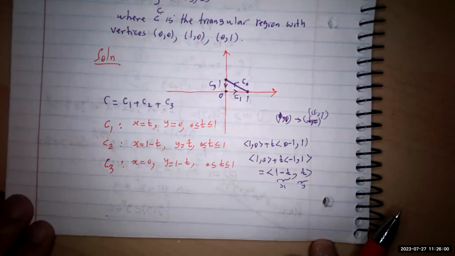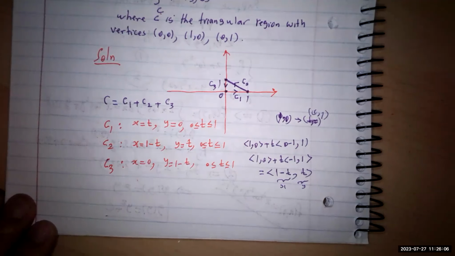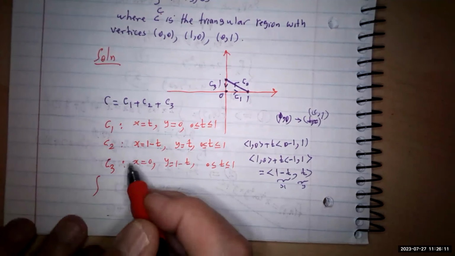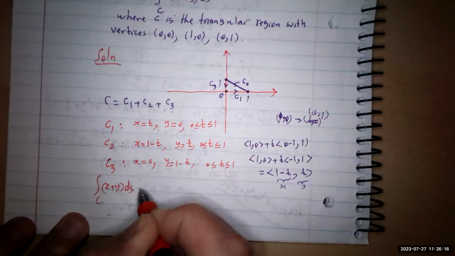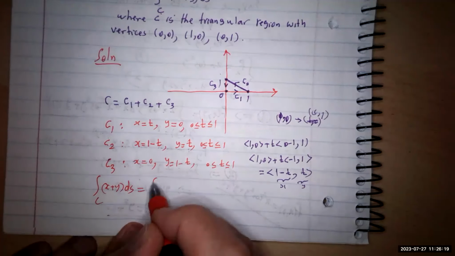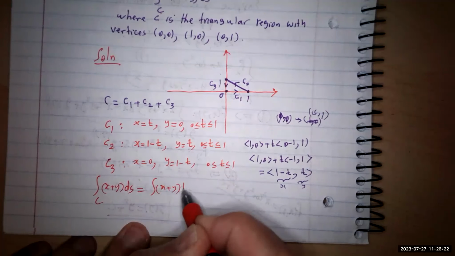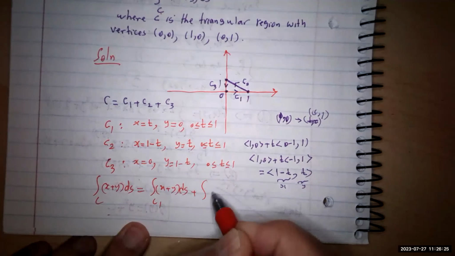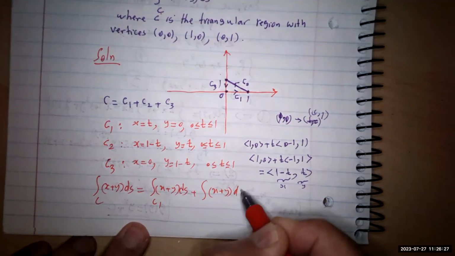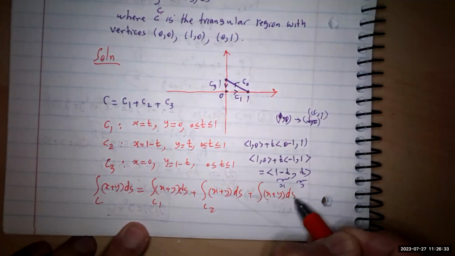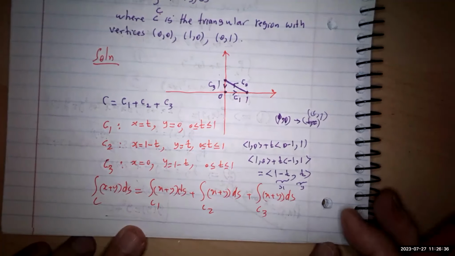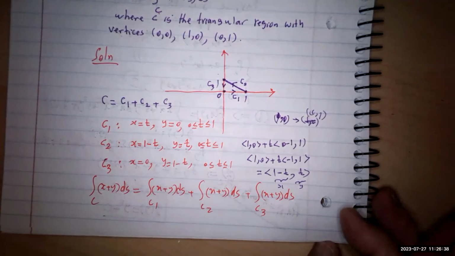Any question? So you have to parameterize this type of region. So now you know that your integral is the integral of the function x plus y ds over C. You have to divide it into 3 parts: over C1, over C2, and over C3, and you know the formula for all of them.